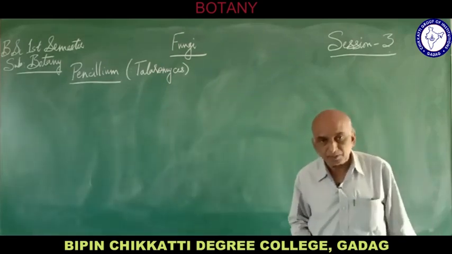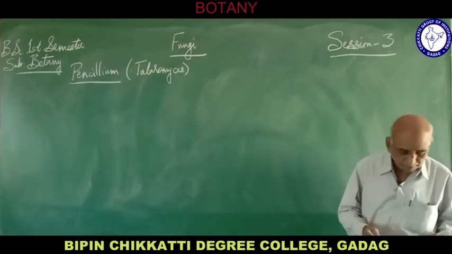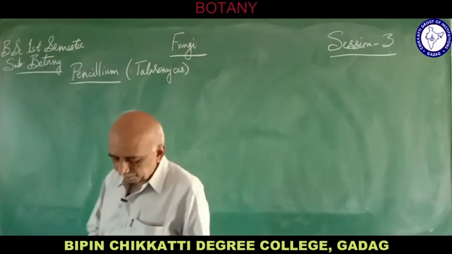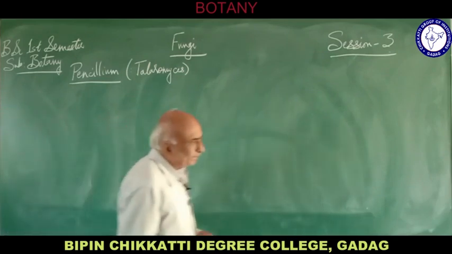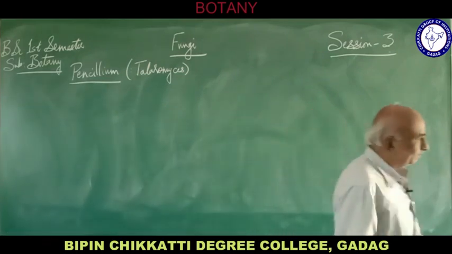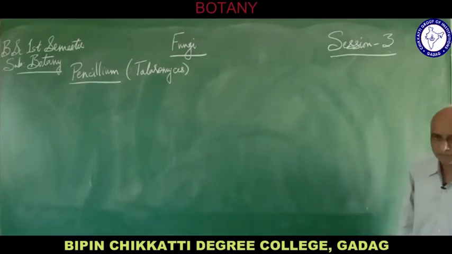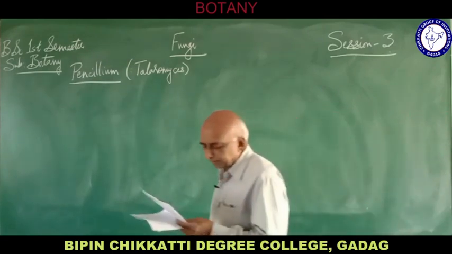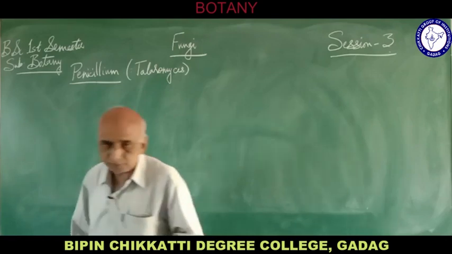This is because of the appearance in which they are seen. As I said, it is purely a saprophyte, and it is present on decaying fruits, just like Rhizopus, and also on vegetables. So we find Penicillium growing on vegetables and on decaying fruits.